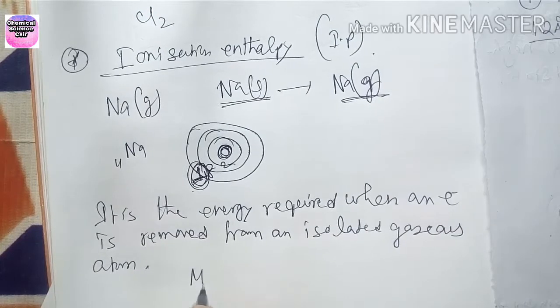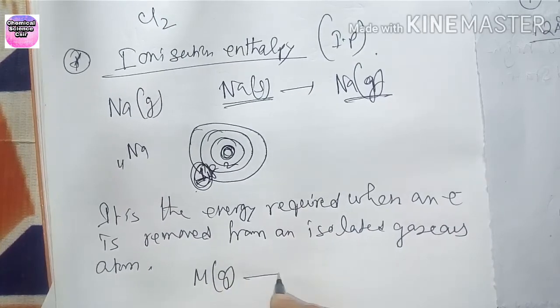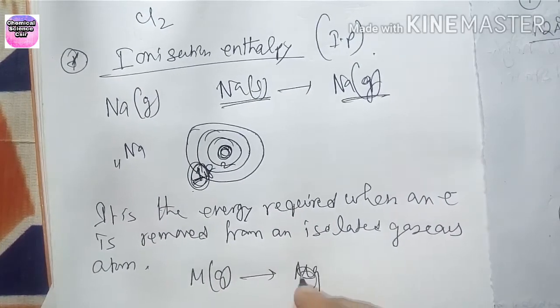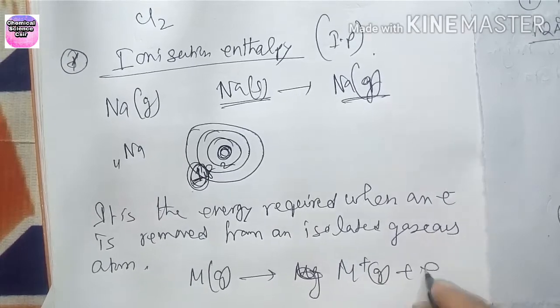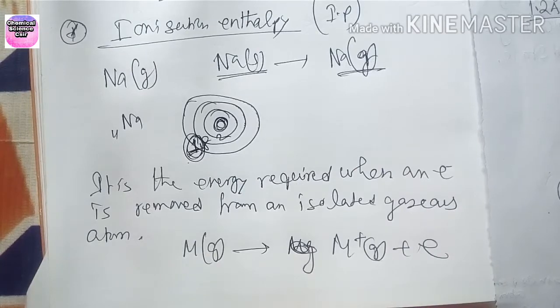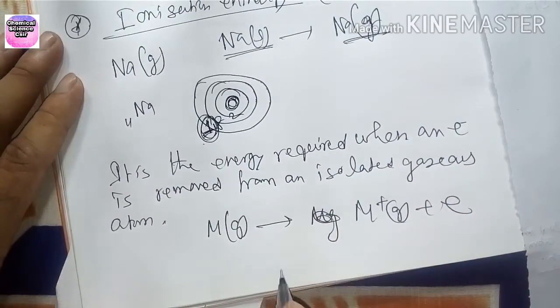So like this, M(g) forms M+(g) plus an electron. This one is called first ionization enthalpy. Again, M+(g) forms M2+(g) plus an electron.